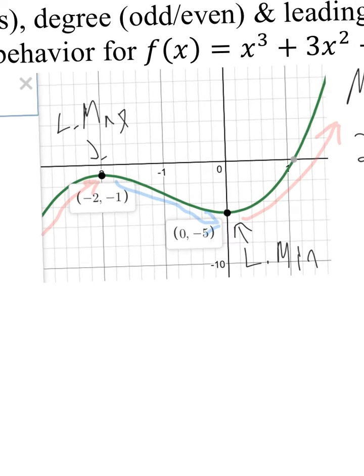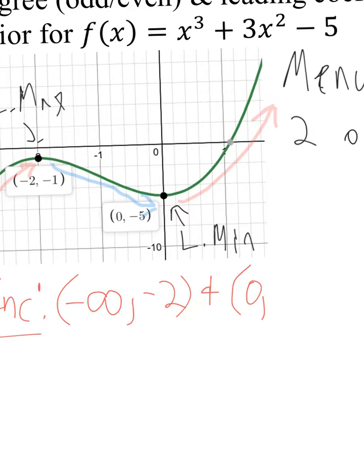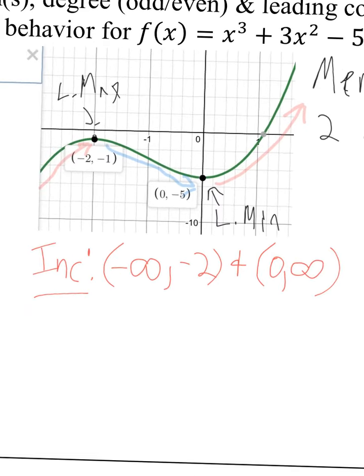So my increasing interval is going to say it's coming from negative infinity because it's coming from the left-hand side, and it stops and turns at -2. Remember, it's only the x-coordinates. And then I'm going to look at only the x-coordinate of that local min, and I'm going to say it's going to go from 0, and then it's just going to head up and then to the right. Since we're just concerned with the x-coordinates, to the right is positive infinity. And that's my increasing interval.